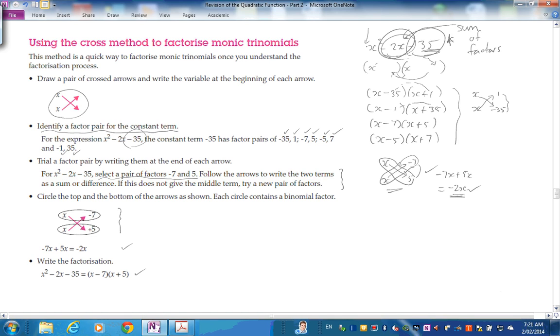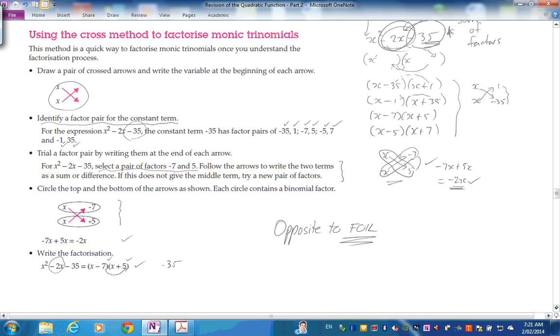All we're doing is realising those two multiply together to give neg 35, and have to add up, neg 7 plus 5, to give neg 2. Okay, so keep in mind the idea that it's opposite to FOIL. If you know FOIL, where each of those numbers in the expanded expression come from, then you can reverse it.